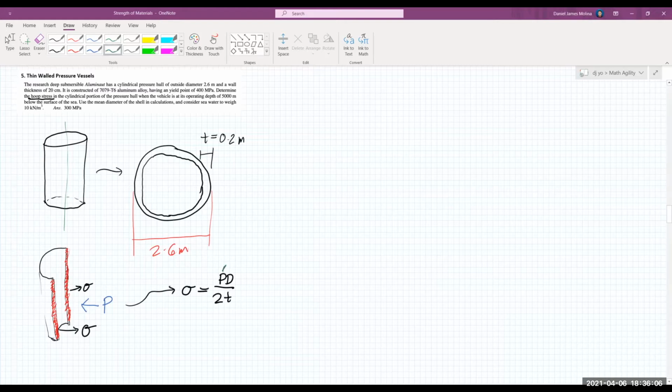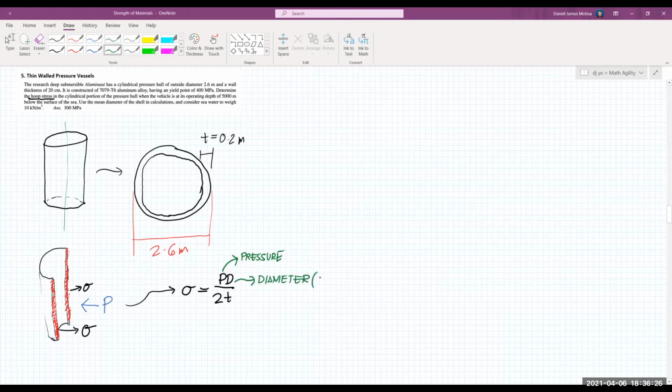So the P here is the pressure inside the tank or the vessel. D is actually a diameter. Or actually, it's not just any diameter.